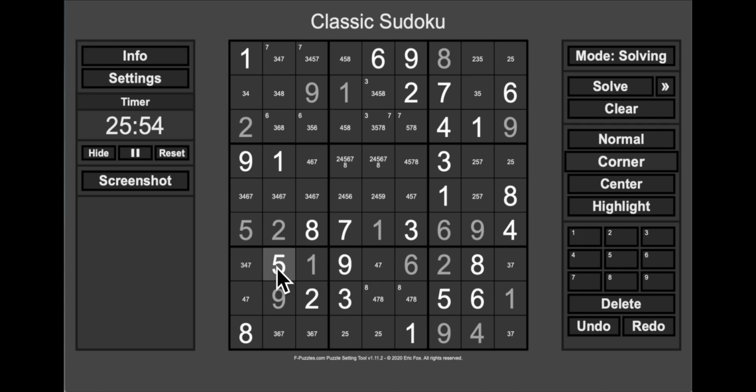A 5. Where's a 5? A 5 must be on the right column 3, so it has to go there.